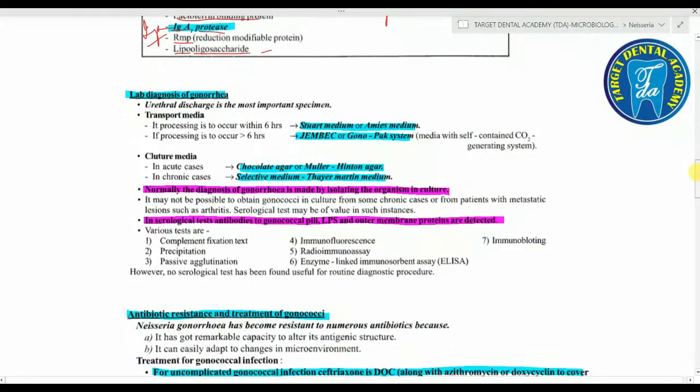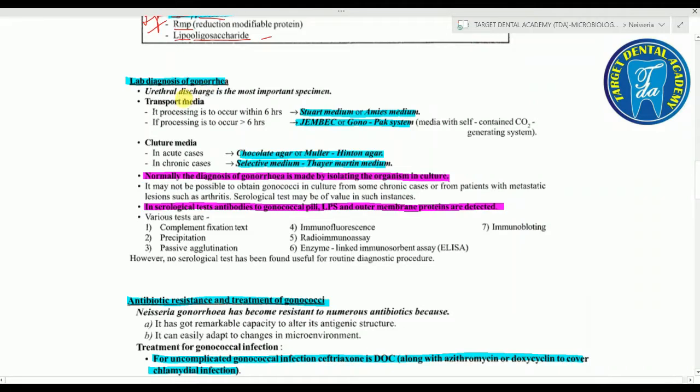After this, let's discuss the lab diagnosis of gonorrhea. The urethral discharge is the most important specimen.